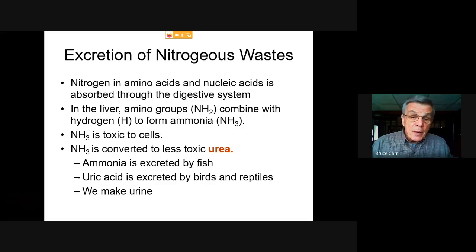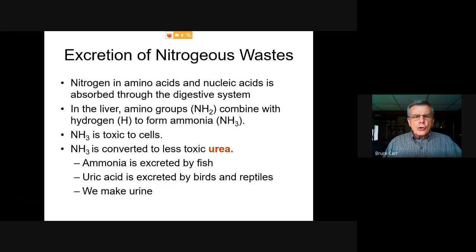Now, we do a trick in the body by converting ammonia to urea. We take a carbon dioxide and stick two ammonias on it. So we concentrate the ammonia and also take it down several ticks in terms of its toxicity. We are not the only ones dealing with ammonia. Fish excrete it directly.